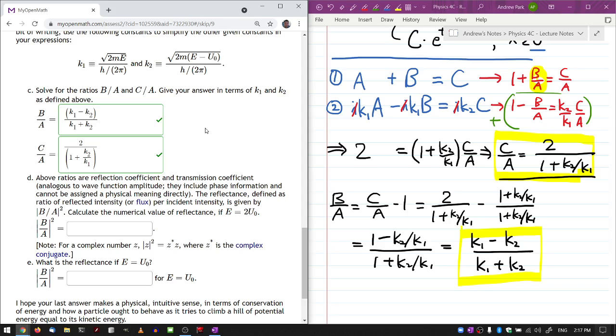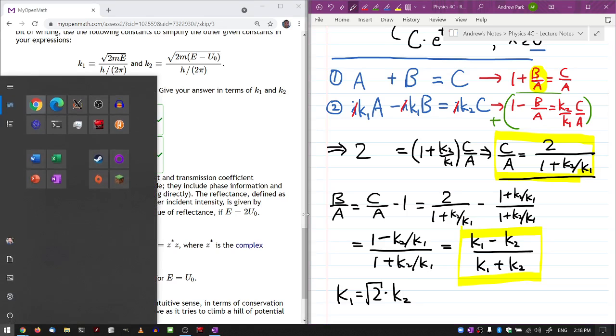If E is twice U naught, then I can say that k1 will be the square root of 2 times k2. Yeah, I think that'll all work out. So I think that's enough to calculate b over a squared. Let me do that on my calculator.